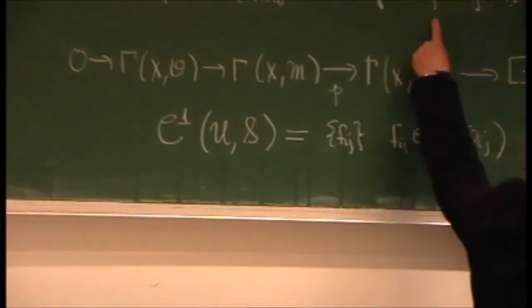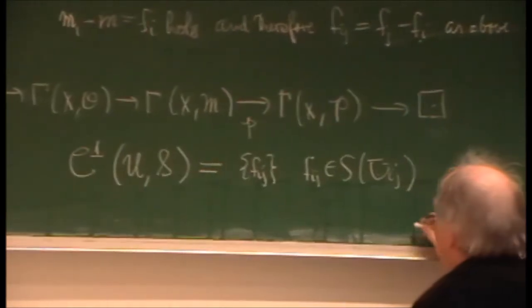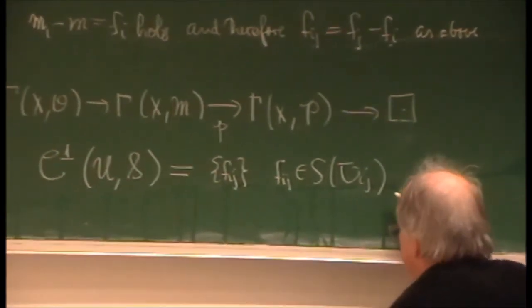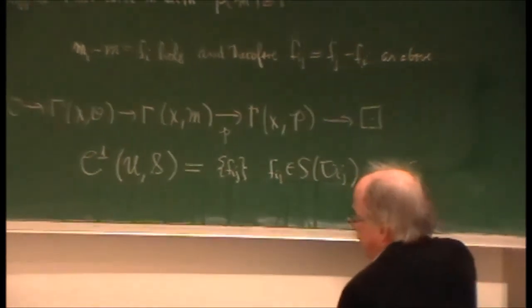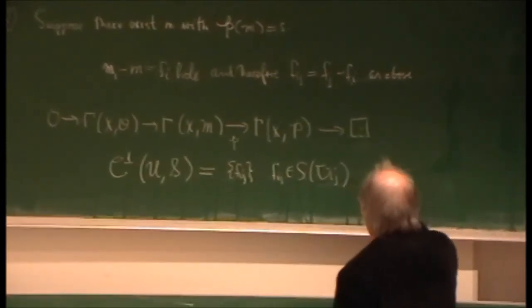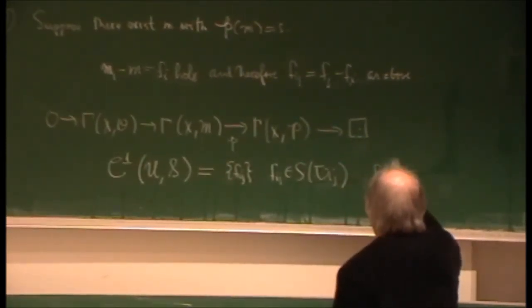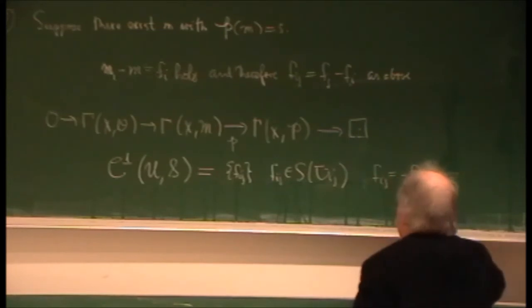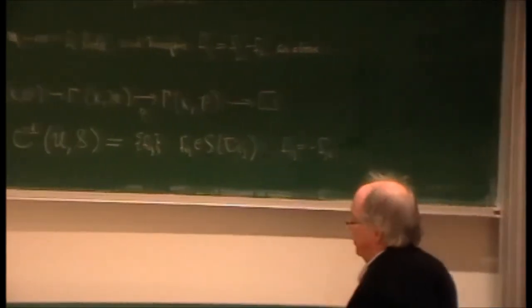So just as above, they will be alternating cochains. So Fij equals minus Fji. Okay, that's the only condition.